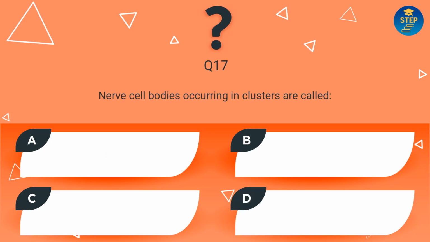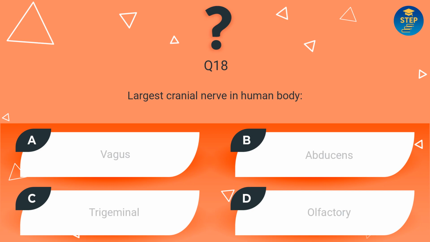Nerve cell bodies occurring in clusters are called ganglia, nuclei, center, tract. Answer is ganglia. Largest cranial nerve in human body is vagus, abducens, trigeminal, olfactory.